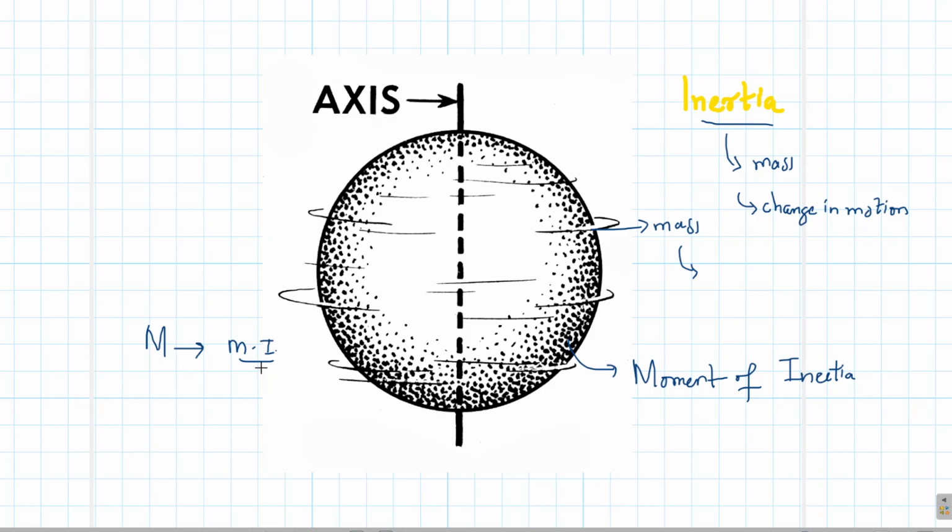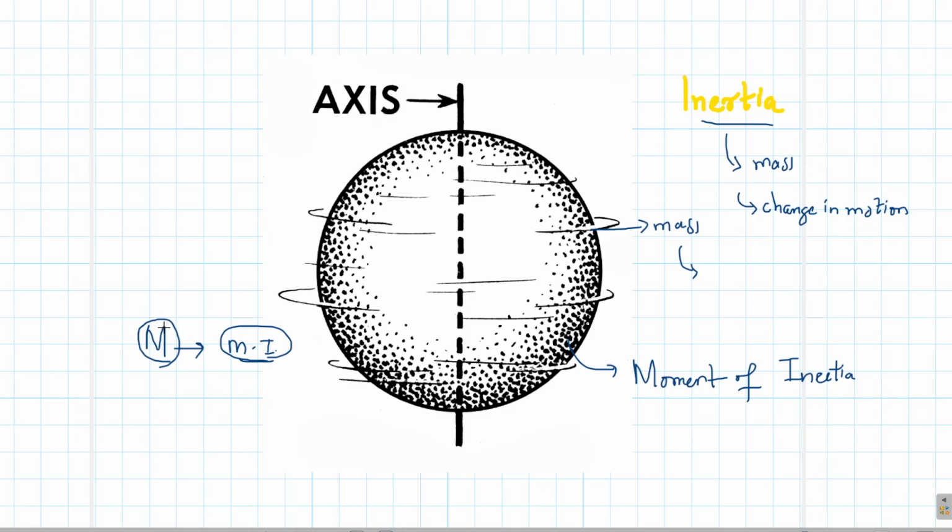So when you rotate a body, you will find it difficult to rotate if its moment of inertia is higher. Similarly, to stop the body, you will feel the same kind of difficulty. So any change in the motion will be resisted by moment of inertia if it is rotational motion, and by mass if it is linear motion.